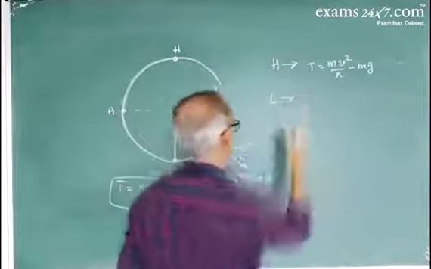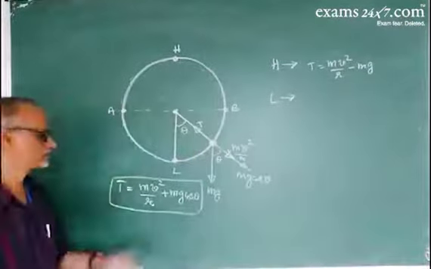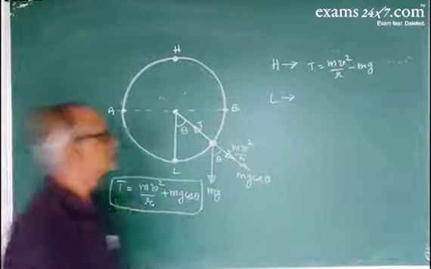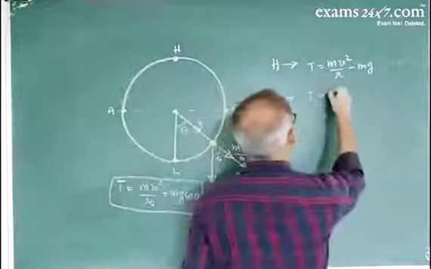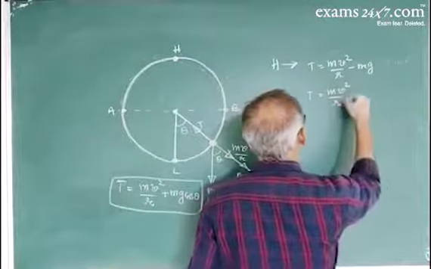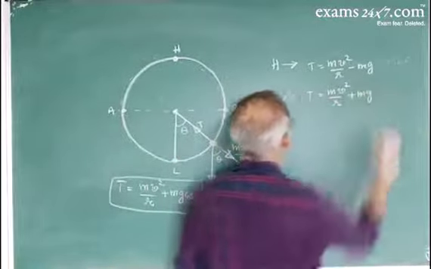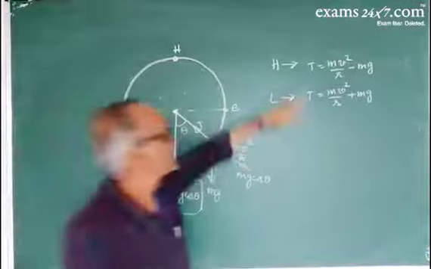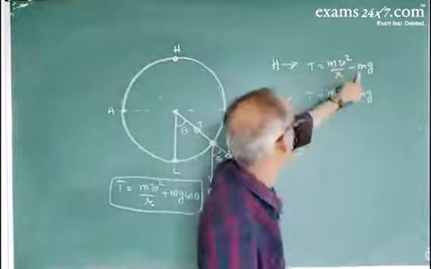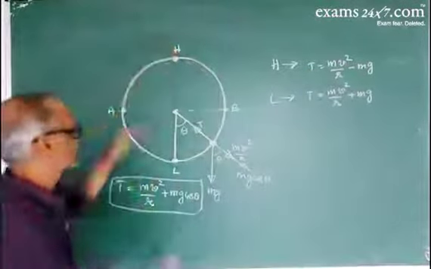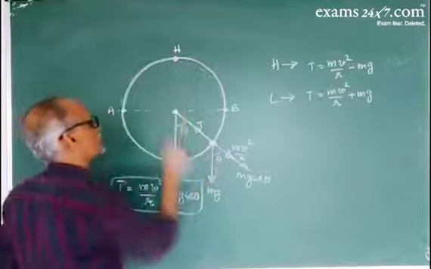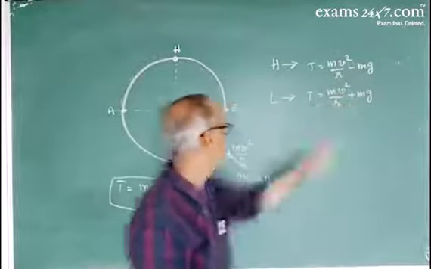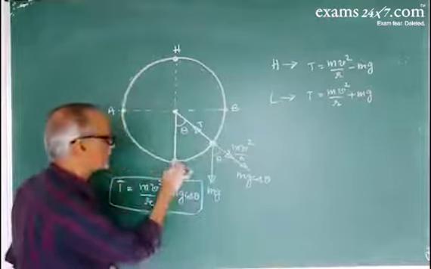So at L, cos 0 is 1, and you'll get T = mv²/r + mg. From this equation, what we notice is that the tension is lesser when it reaches the maximum height, it decreases, whereas the tension is maximum when it reaches the lowest point.